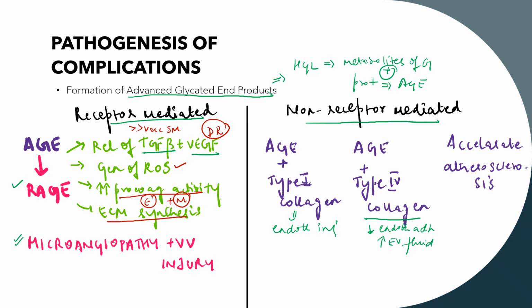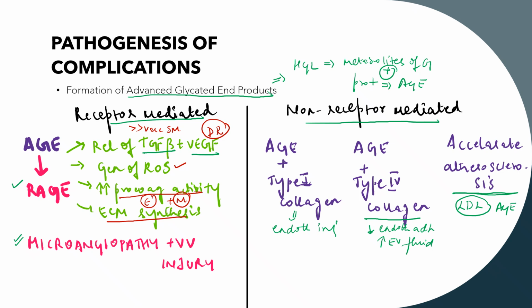There will also be accelerated atherosclerosis. Why does accelerated atherosclerosis occur? Because in large vessels you will have a protein called LDL. Now this LDL tends to get trapped because of AGE.